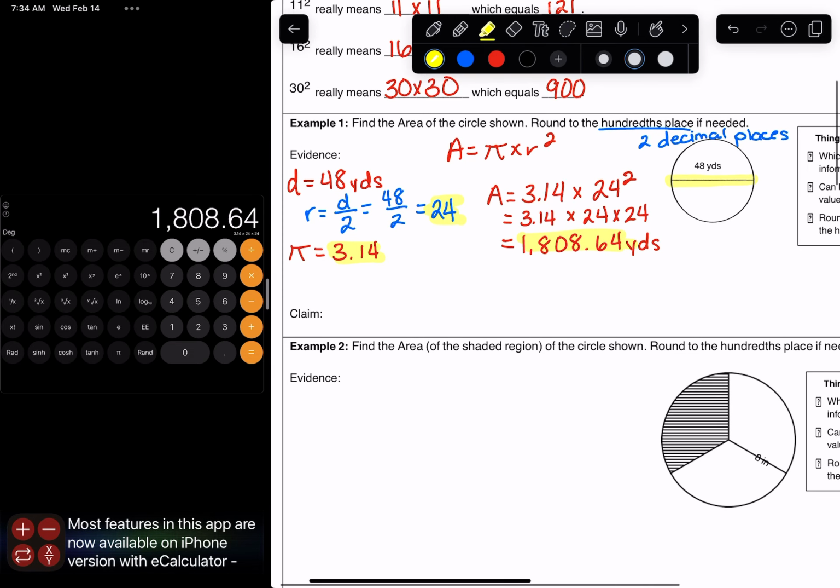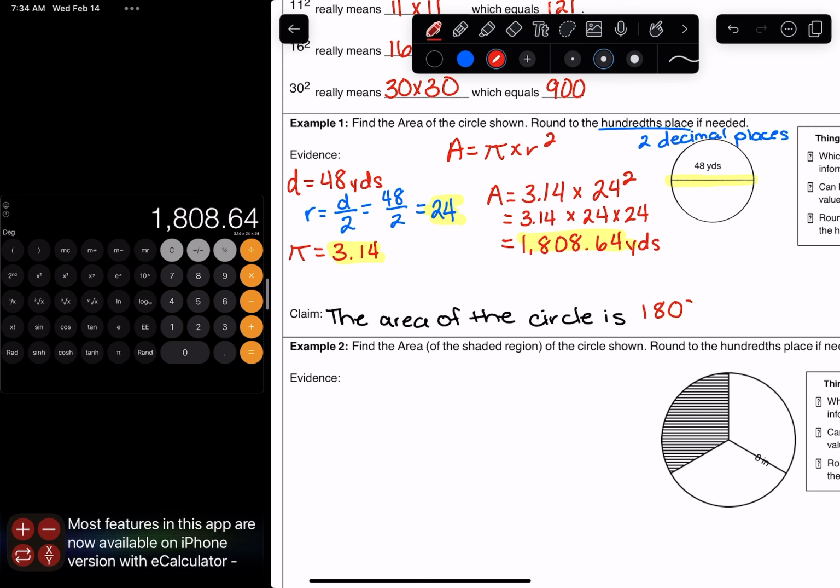In this case, my claim is going to be the area of the circle is 1,808.64 yards.